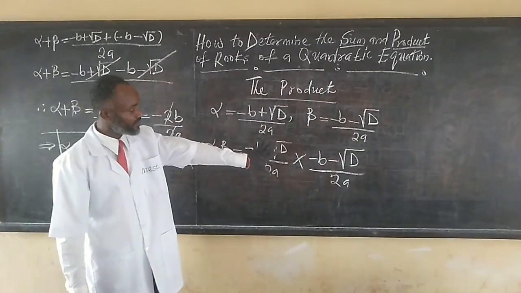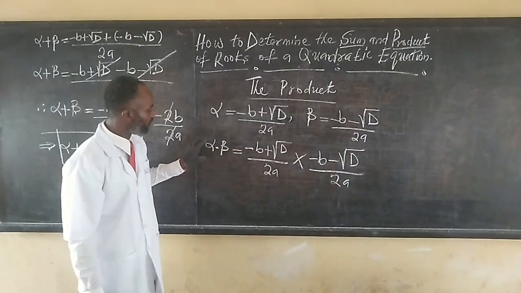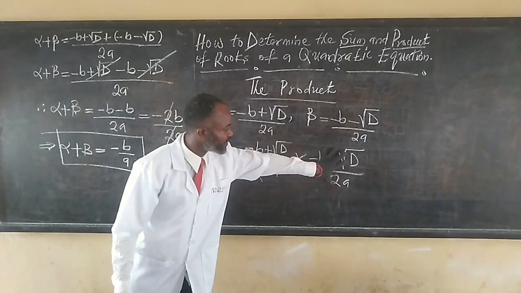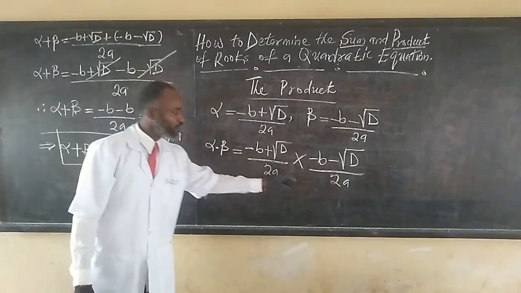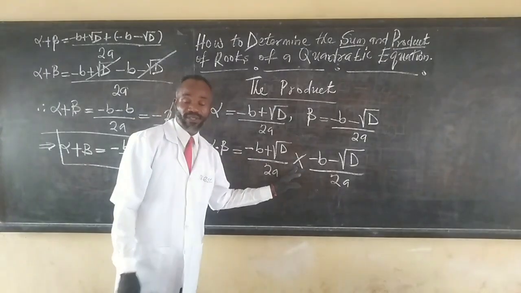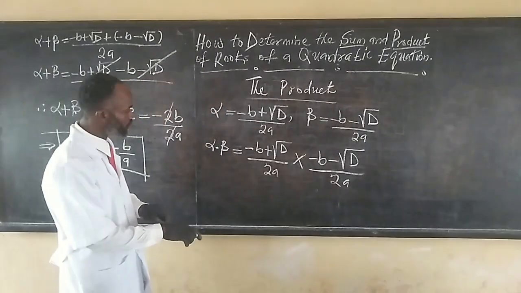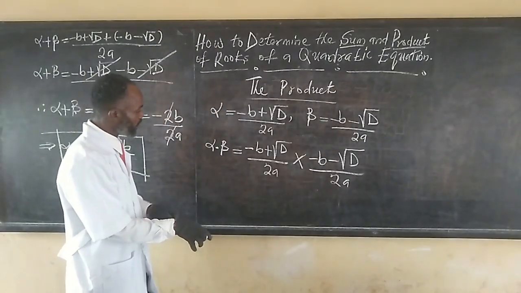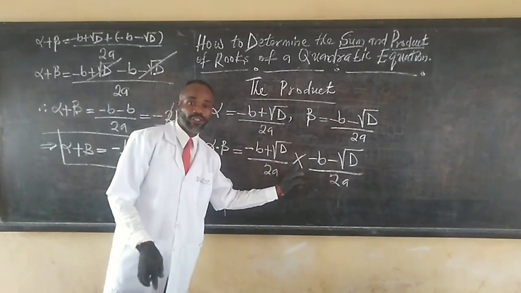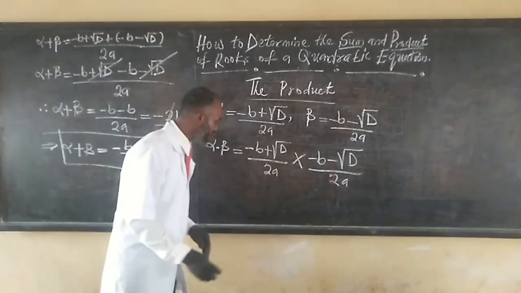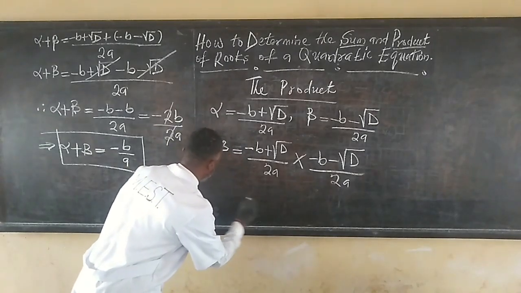This side stands for alpha, and this side stands for beta, the product. The next step is to clear out the denominators by observing this operator.